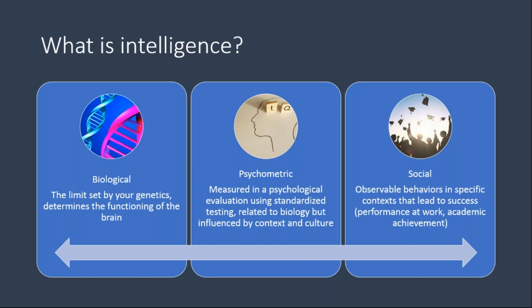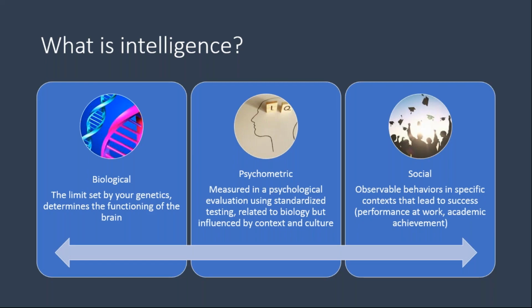If we think about how we can kind of combine these two types of intelligence, biological and social intelligence, the overlap that psychologists are trying to measure is what we call psychometric intelligence. So psychometric intelligence is what's measured in a psychological evaluation through a standardized test.